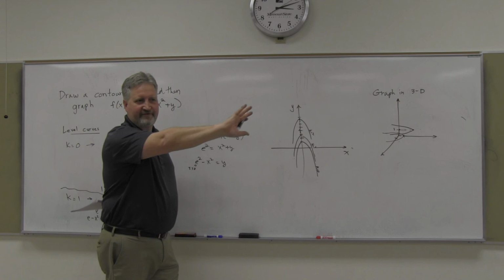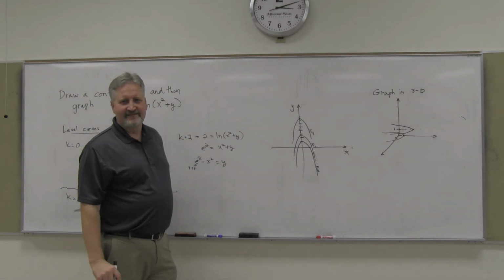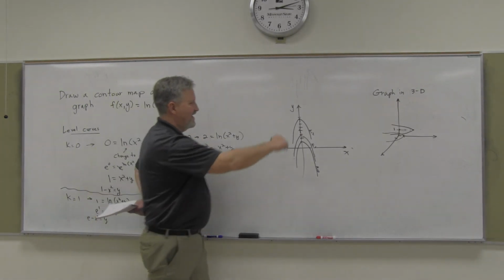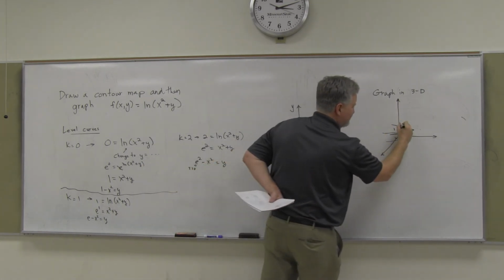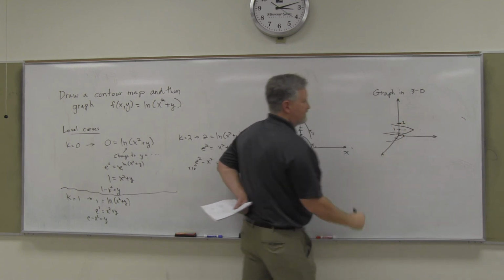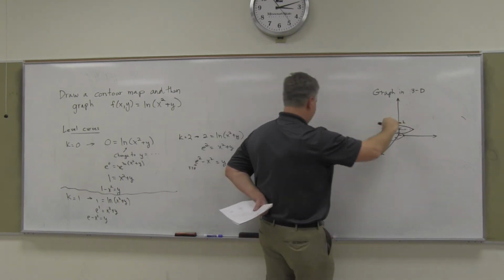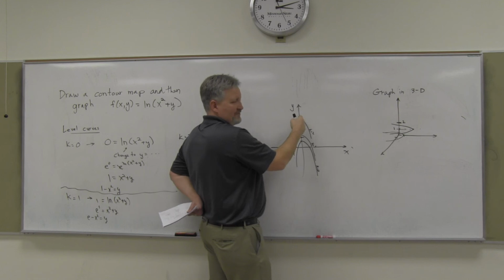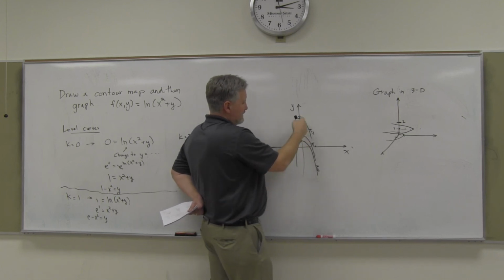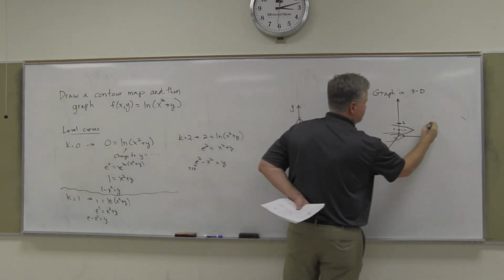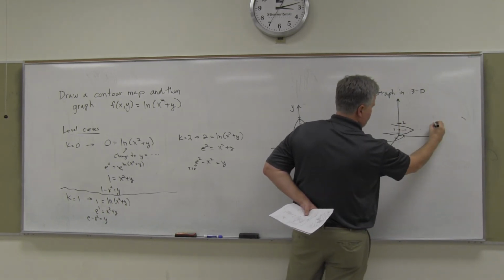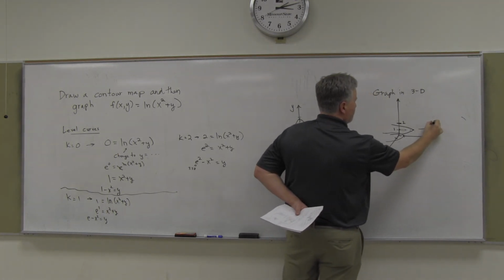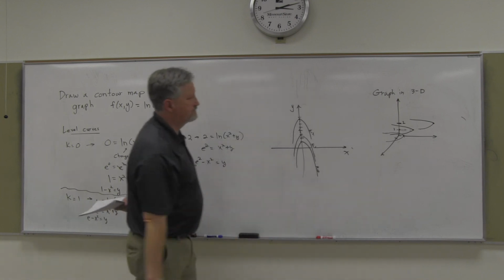It's back a little bit from that. Now at k equals 2, that would be z equals 2. So up here at this level now, it's shifted even further back on the y, about 7.5 along the y-axis this way. So you got this.